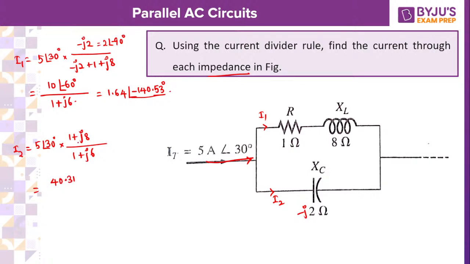Now phase angle, tan inverse of 8, which is 82.7. 82.7 plus 30 degrees, these angles can be added. So we are getting around 112.87, divided by 6 square plus 1 square, root 37.